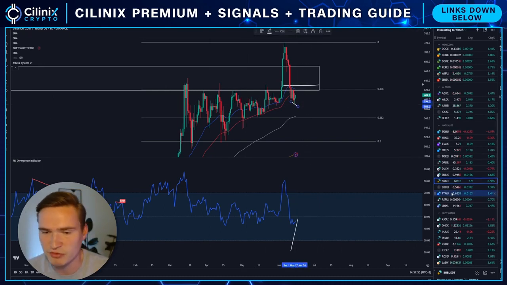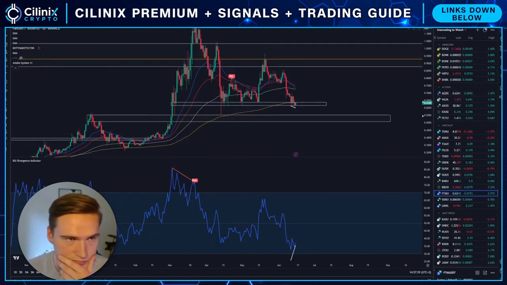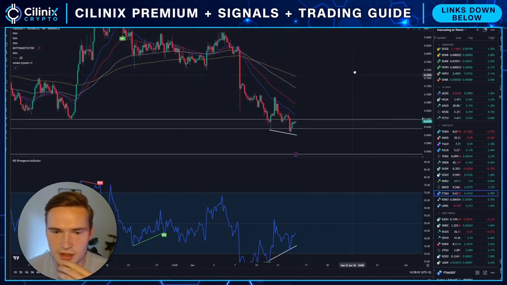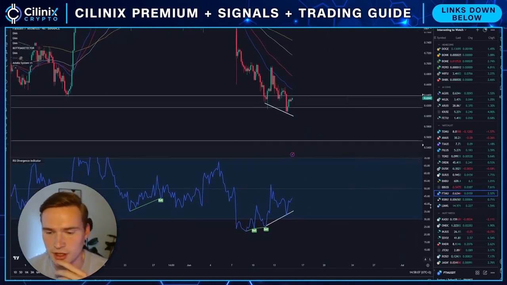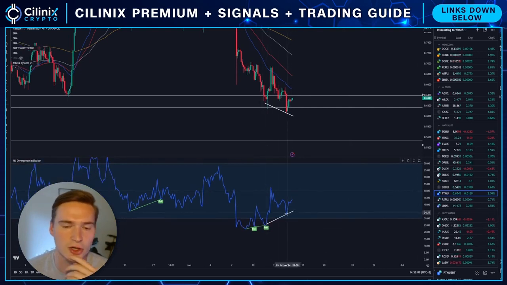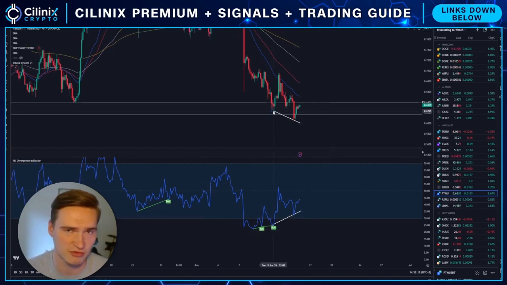And the same kind of with Phantom, but with Phantom, I am a little bit more inclined to call this interesting. You can see the price is making lower lows here. You can even say something like this, lower lows for real. And then you can see a higher lows formation with the RSI. And here you can see that the indicator is giving off signals. So that's a bullish divergence.